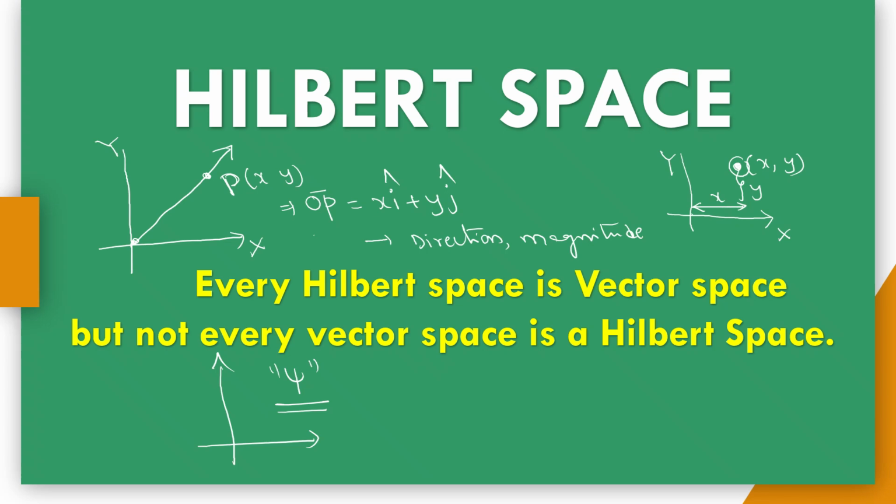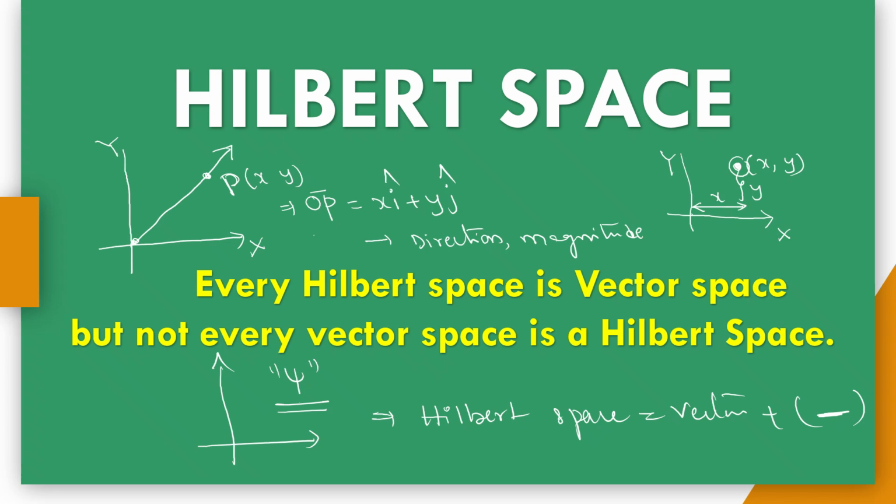That means every Hilbert space is related to a vector space, but a vector space is not a Hilbert space, because a Hilbert space is nothing but a vector space with something added. In addition to the vector space, something is added. That's what a Hilbert space is.